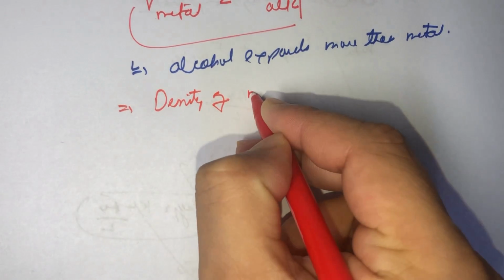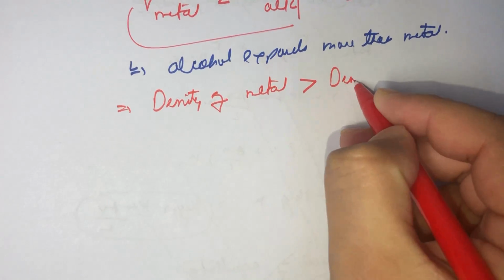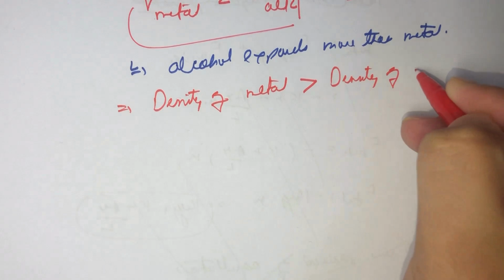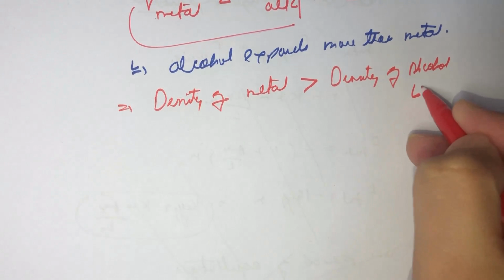Density of metal is greater than density of alcohol, and this is also given.